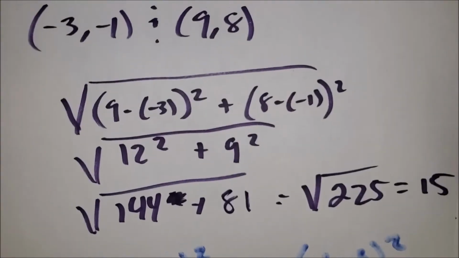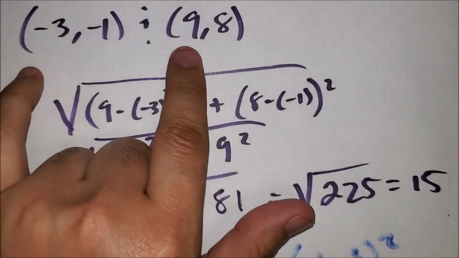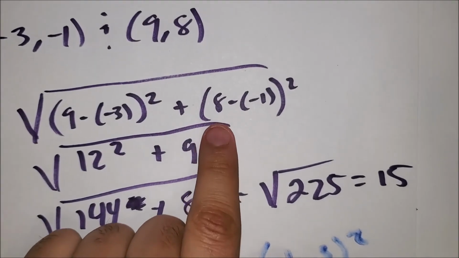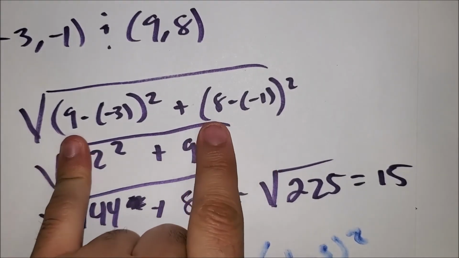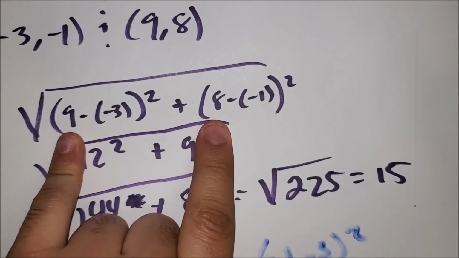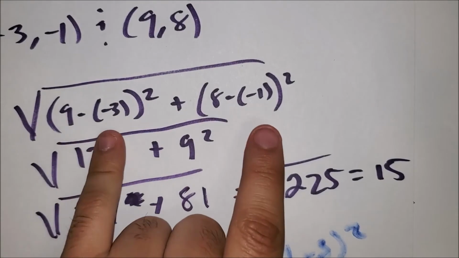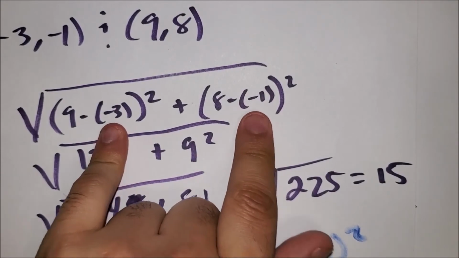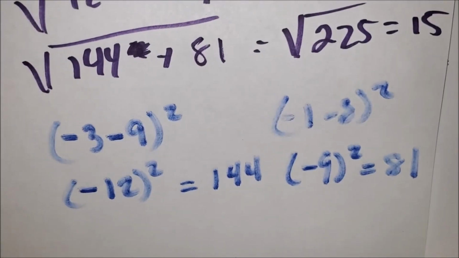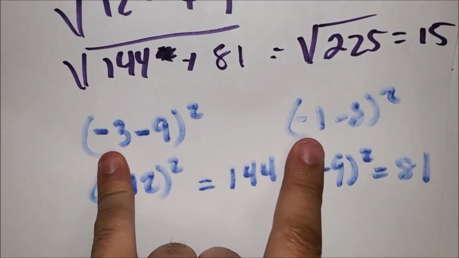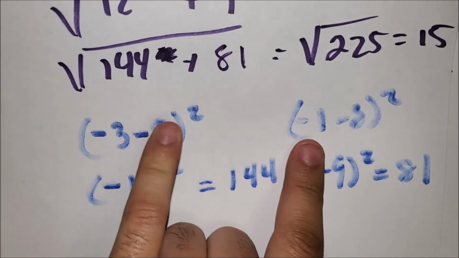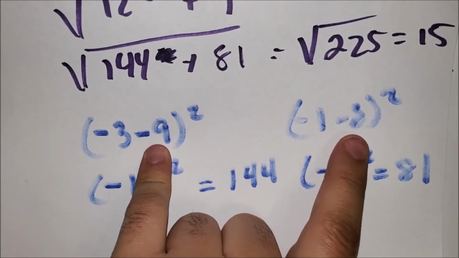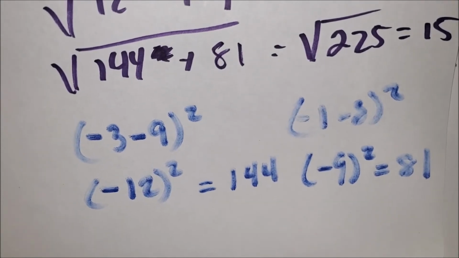Here we had 9 and 8 as the second x and second y, and negative 3 and negative 1 grouped together as the first x and the first y. When we did it on this side, we did negative 3 grouped with negative 1 as our second, and our 9 and our 8 as our first. So as long as you keep them grouped together, that's all that really matters.